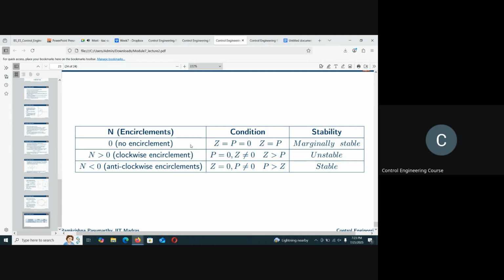So the Nyquist plot is nothing but the polar plot plus the negative frequency part included, which is the mirror image. When you put S equal to j omega, you get the polar plot. When you put S equal to minus j omega as well and plot that also, together you get the Nyquist plot.